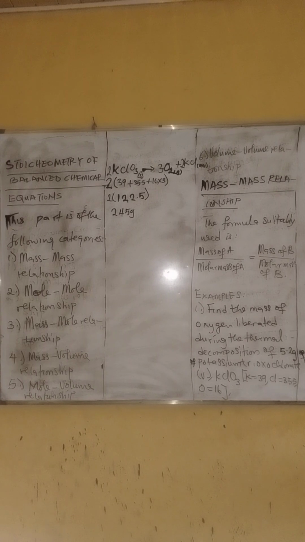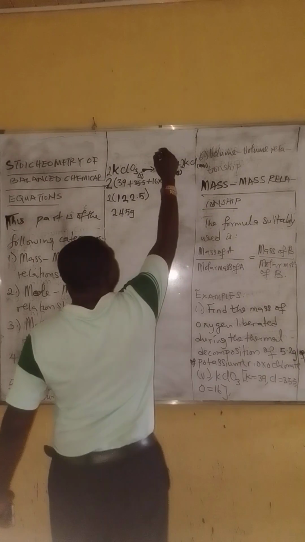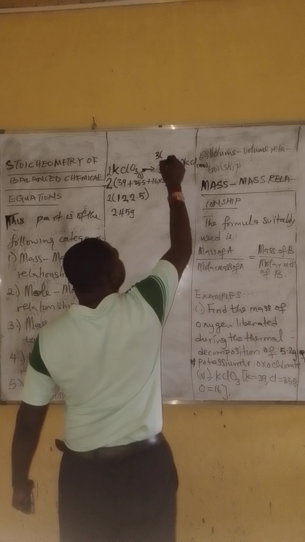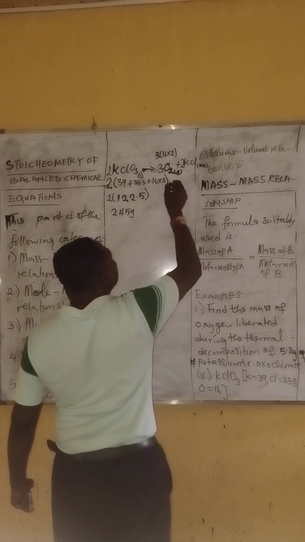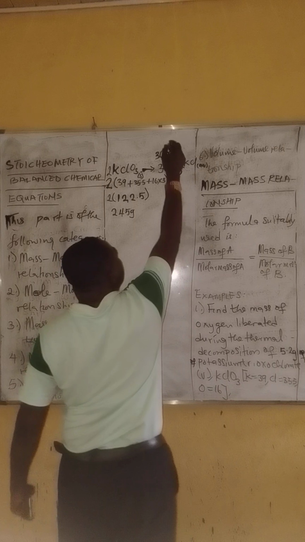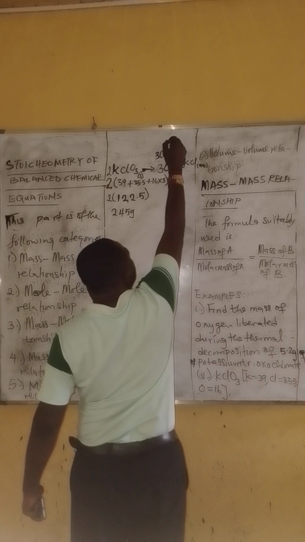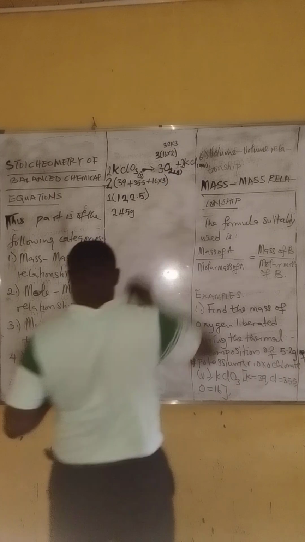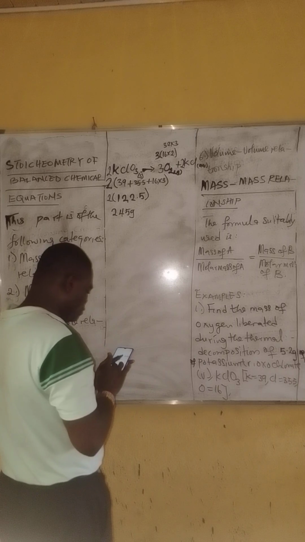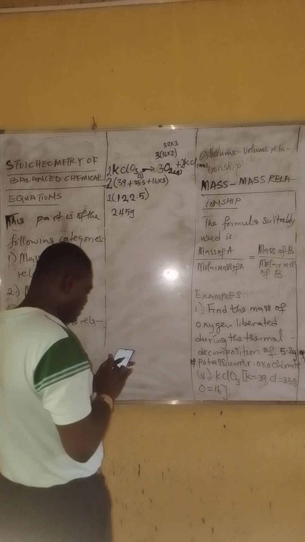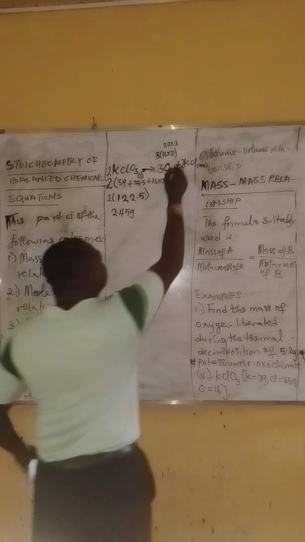We write 3 here. Oxygen is 16, but you have 2 here. So we have 16 times 2, that's 32. 32 times 3, that's what we are looking for. 32 times 3 is 96 gram.